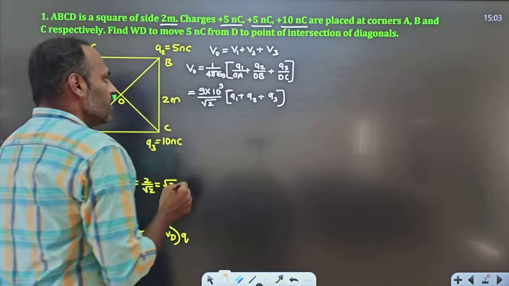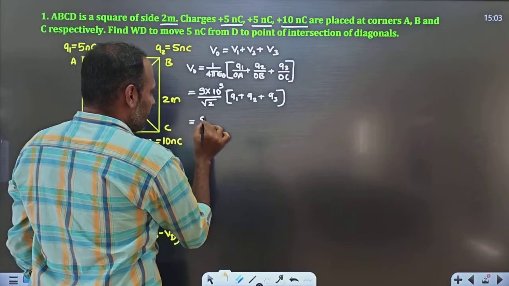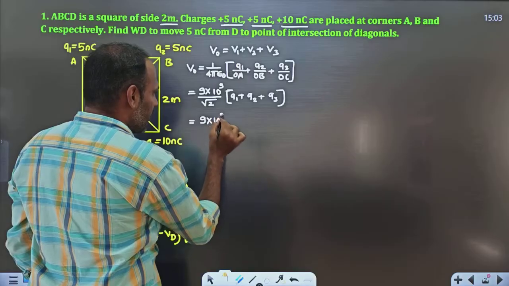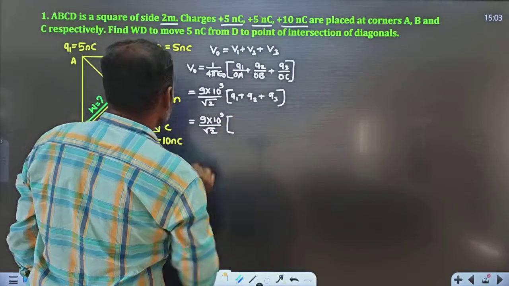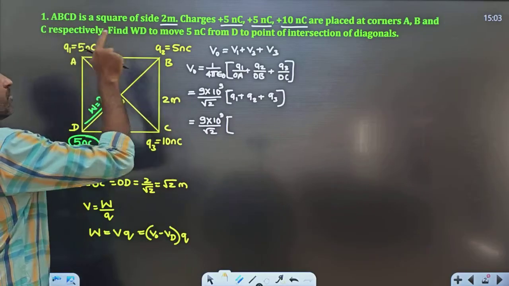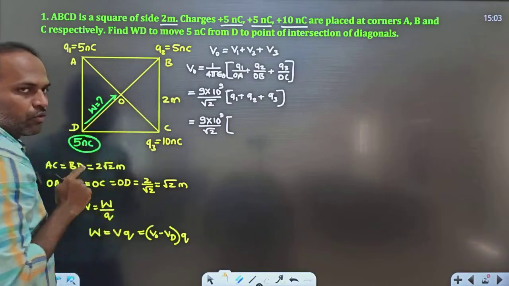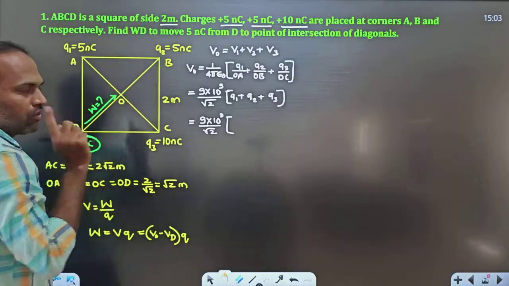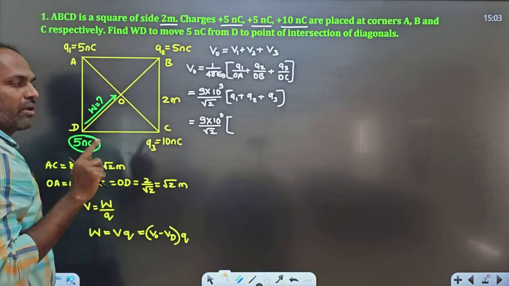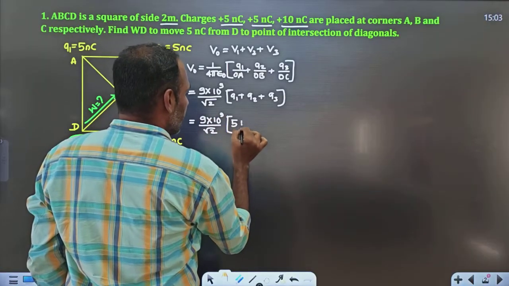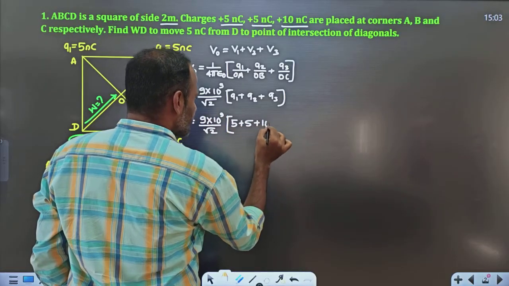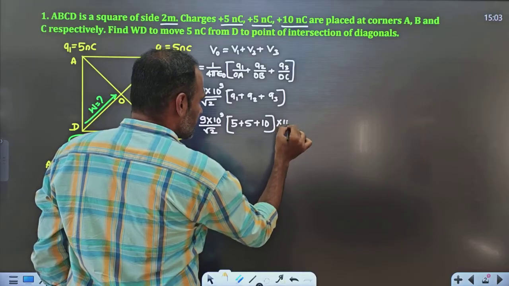Next, this is 9 into 10 raised to 9 divided by root 2 into Q1, Q2, Q3. Notice this is 5 nanocoulomb, 5 nanocoulomb, 10 nanocoulomb. Nano is common. Nano means 10 raised to minus 9. So I will write this as 5 plus 5 plus 10 into 10 raised to minus 9.